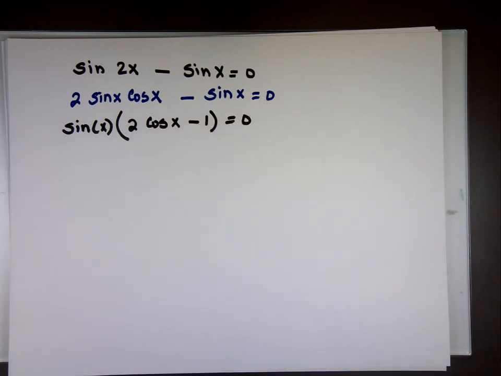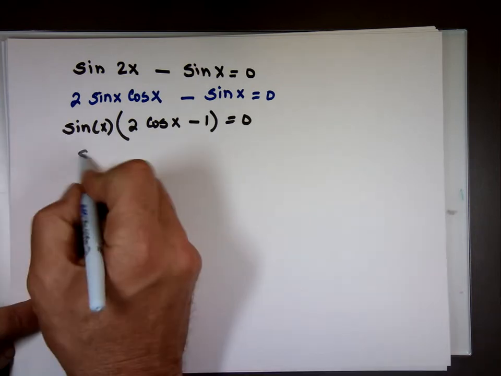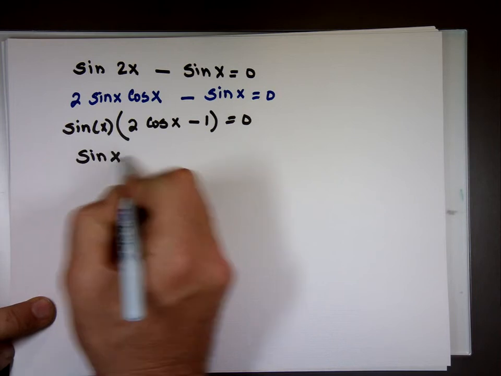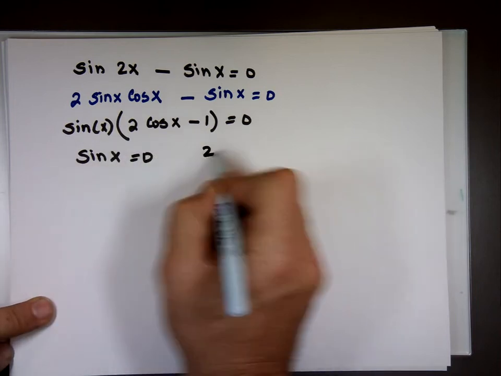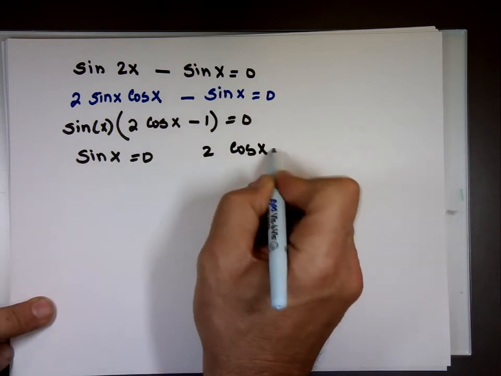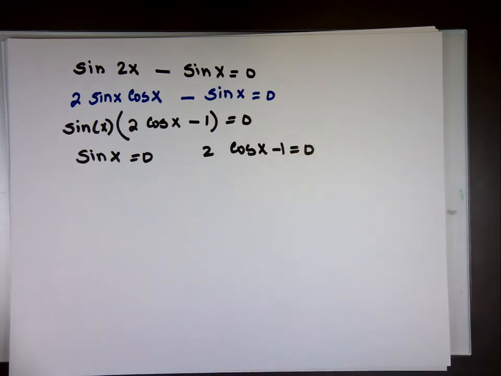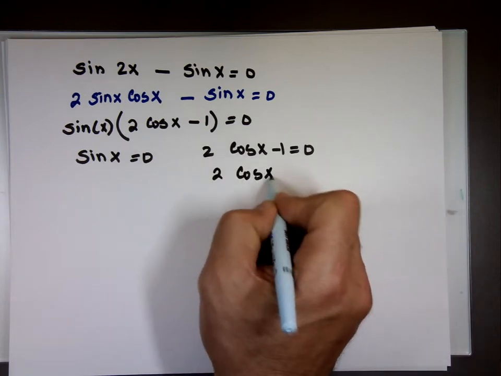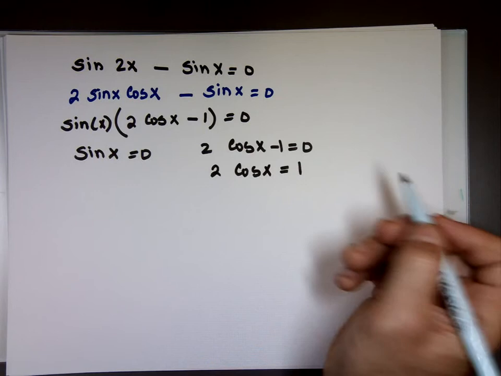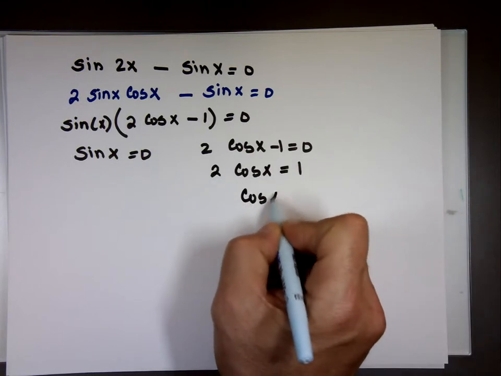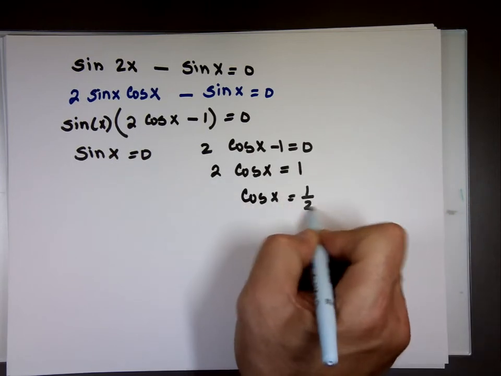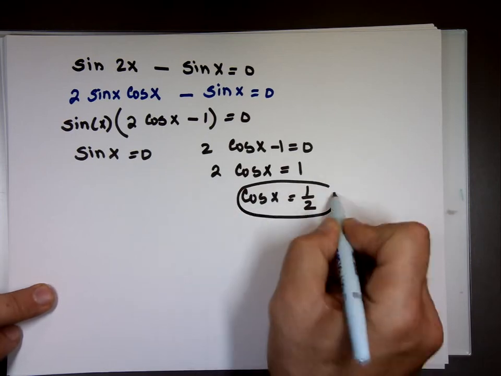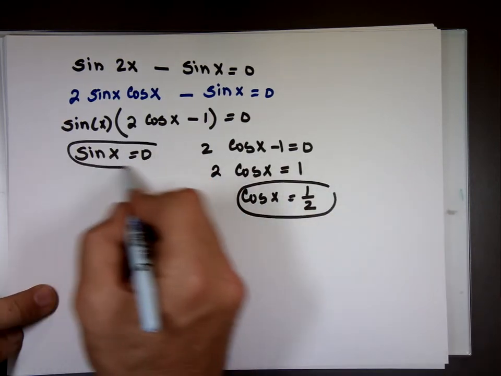And again, you're multiplying two things and your answer is 0. That means one of them is 0. Two cosine x equals 1, so cosine x equals 1/2. So let me find the solution to this, and let me find the solution to that one.